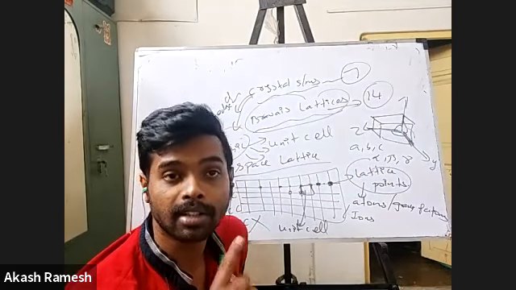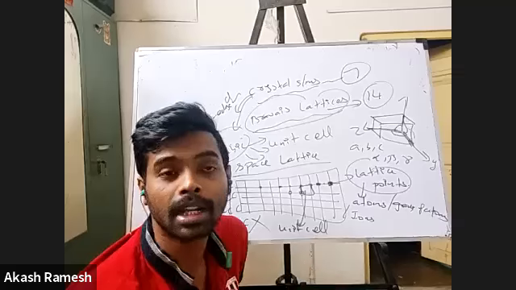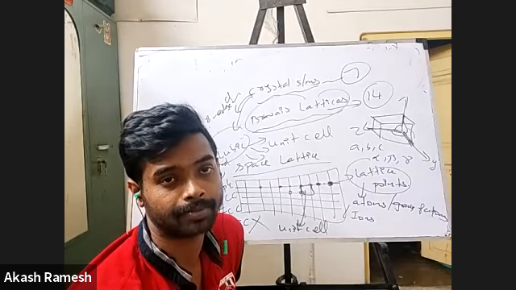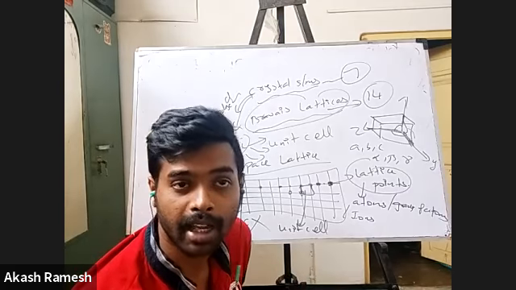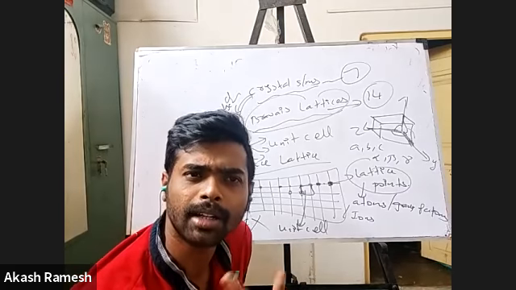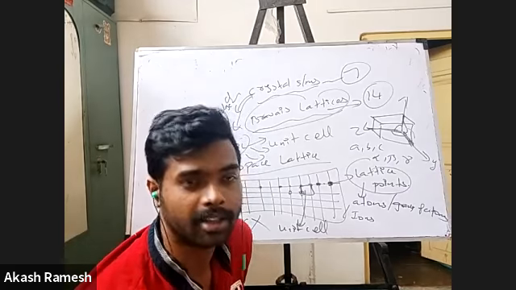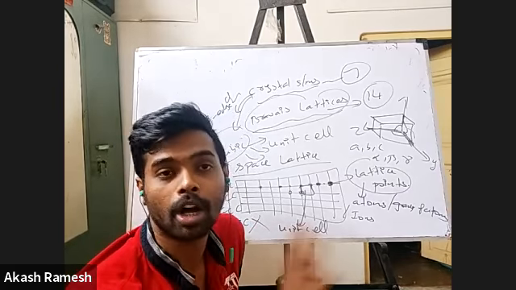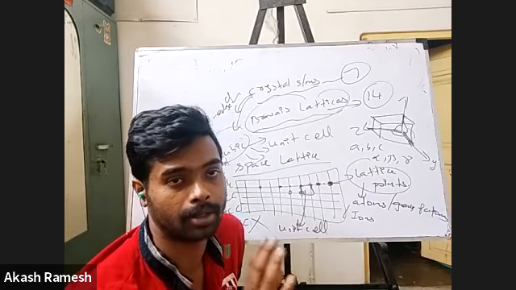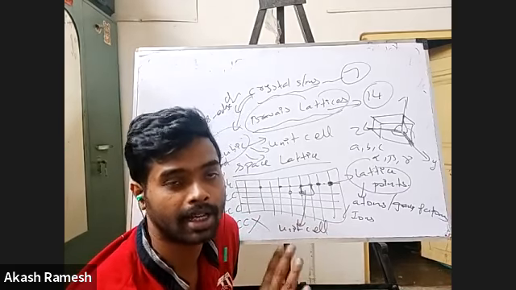So there are 7 crystal systems and 14 Bravais lattices. Say body-centered hexagonal, face-centered hexagonal, body-centered triclinic, something like that, some combination. So like that, they can have 14 proven configurations. 14 lattices are possible.